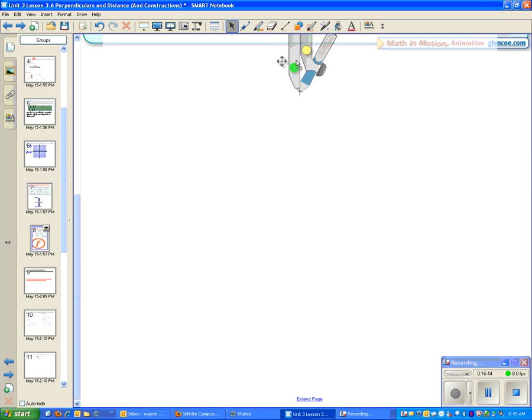So use your straight edge to make a line on your paper. All right, so that's our given line. I'll name it something, that's line M. So we're going to construct a line that's parallel to line M.